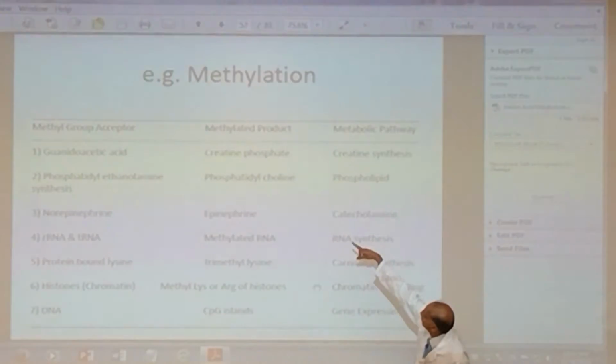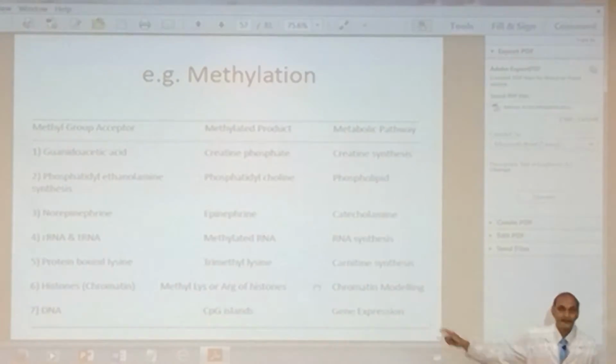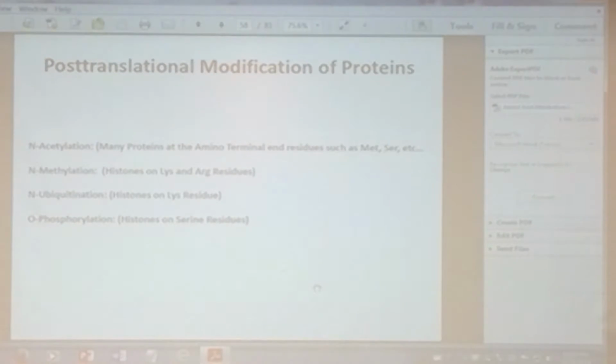Creatine phosphate, phosphatidylcholine, epinephrine, methylated RNA, trimethyl lysine, and then histones can be methylated. It's a big thing now that the epigenetic mode of controlling gene expression is through methylation, demethylation. That's one mechanism, right? And then CpG islands, DNA has these CpG islands that can be methylated, and you can control the gene expression. So very important, methylation.